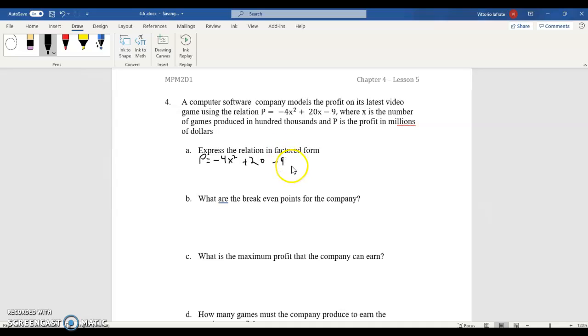So what we can do is try to find a product equal to 36, because it's negative 4 times negative 9, and a sum that's equal to 20.